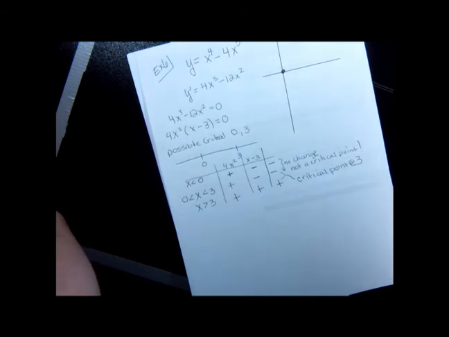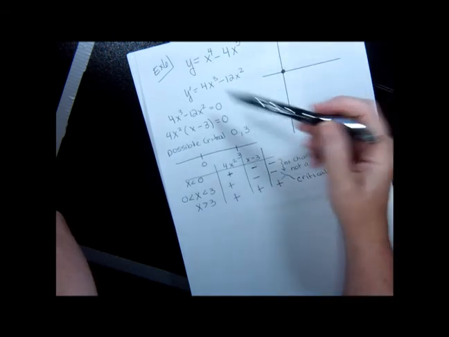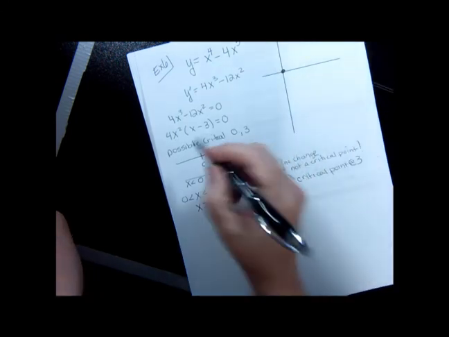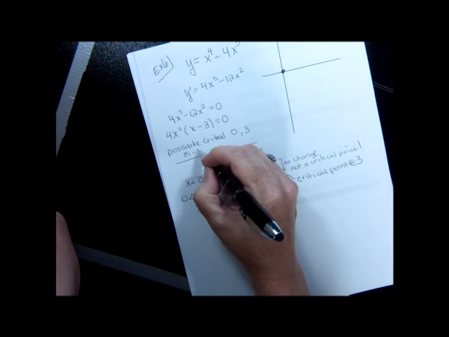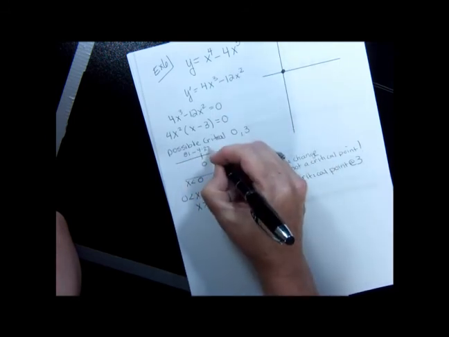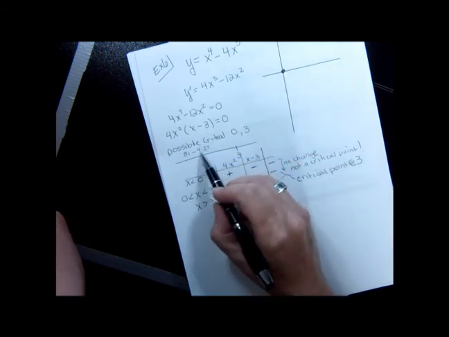Then if I plug in my value of 3 to the 4th, I'm going to have 81 minus 4 times 3 to the 3rd, which is 27. 27 times 4 is 108.